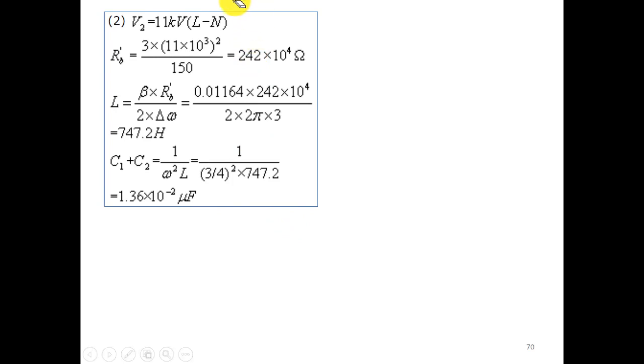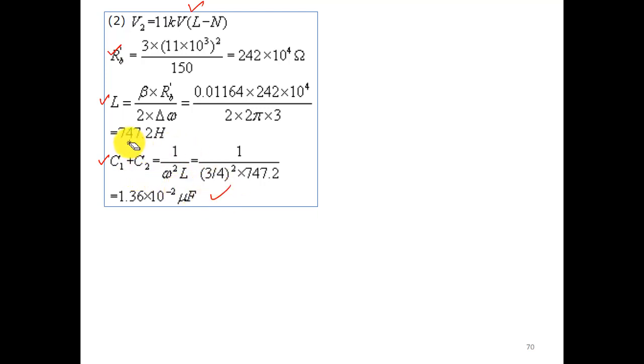Now we'll consider similarly a voltage of 11 kV. Similarly we calculate RB dash, then substituting RB dash we calculate L. Then after substituting L in the nominal frequency tuning equation, we find C1 plus C2.